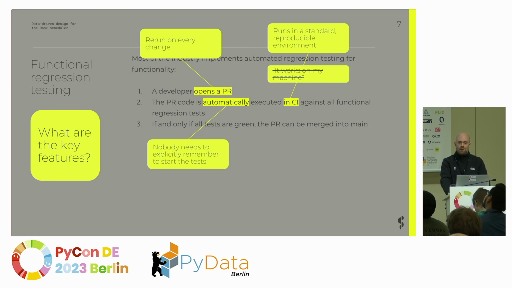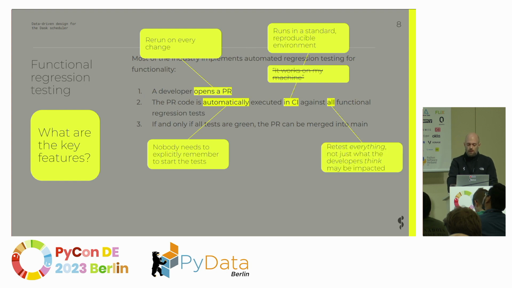You will not have the situation where the developer says, yeah, I ran the test suite on my machine, everything was green, I don't know why the client is complaining. And finally, the developer thinks, yeah, I changed X, Y, and Z, and maybe possibly W is also impacted. CI does not care, doesn't know. CI reruns everything from scratch. And very frequently, it will find something that the developer and the code reviewer didn't think about that was also impacted.